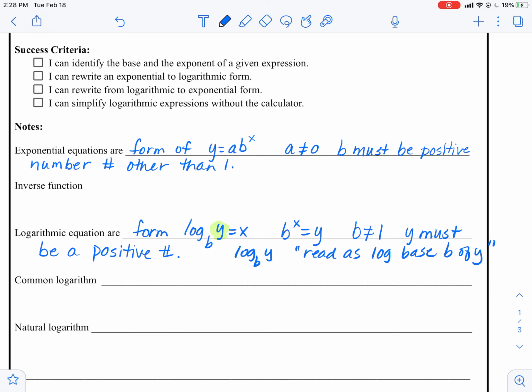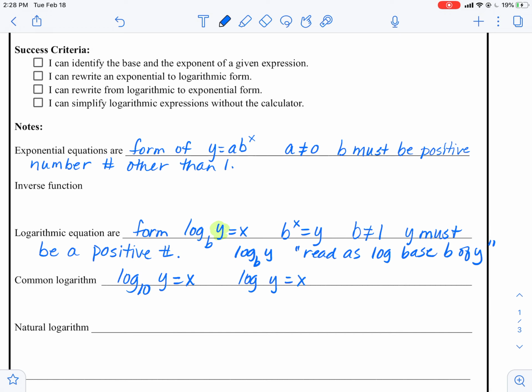Then we're talking about the common log, and that's the one that for most of you is going to be on your calculator. A common log is log base 10. Log base 10 of y equals x. When you see it on your calculator, textbook, worksheet, or whatever it is, since it is the common log, they do not write the 10.